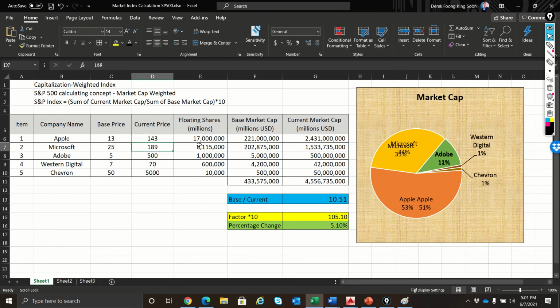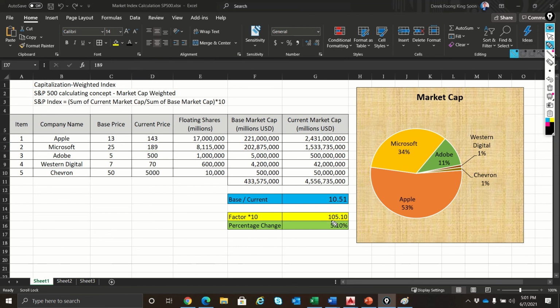Once it changes to 143, you can see the percentage change of the index is about 5%, just by increasing 10% in Apple. That's a huge change in the index. Most of the time, the overall index in the market changes maybe 0.5% or 1%.